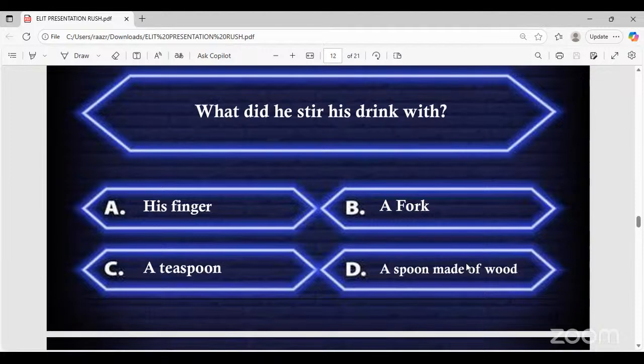A, his finger, B, a fork, C, a teaspoon, D, a spoon made of wood. What did he stir his drink with? So soon send me the answers, guys. We have only a little time.